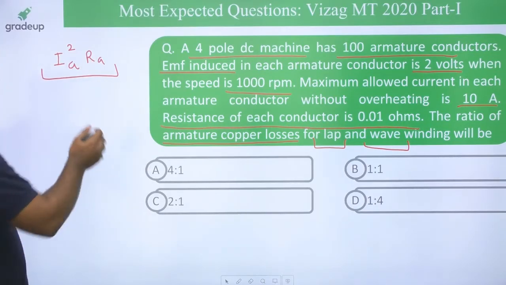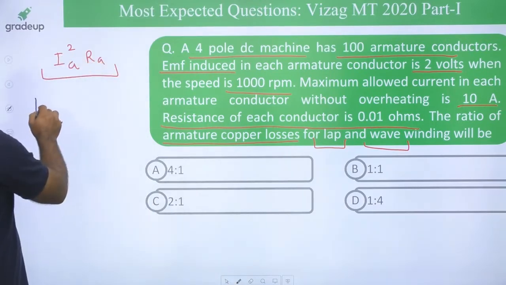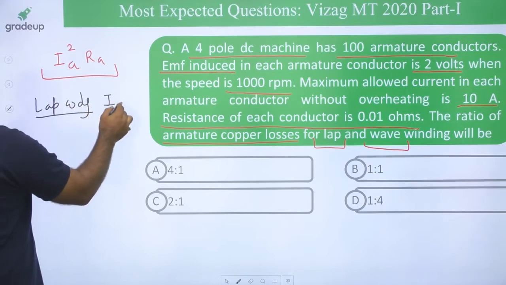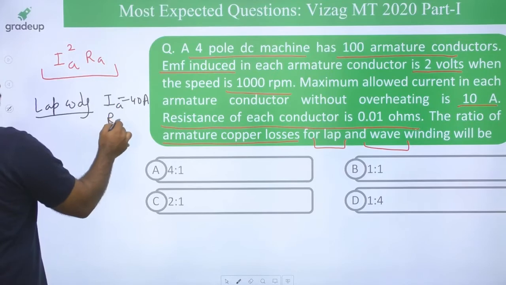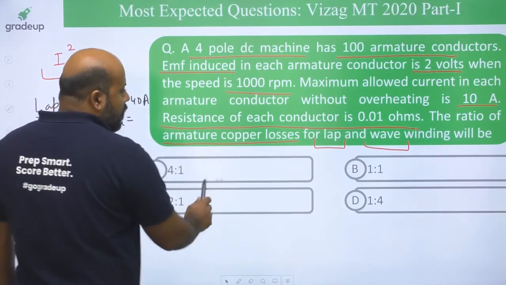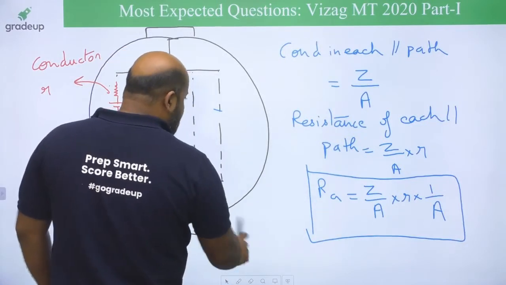For the case of lap winding, you have got the current as 40 amperes. Calculate armature resistance for the lap winding. What is the formula? The formula is small r Z upon A square. Let's apply this.